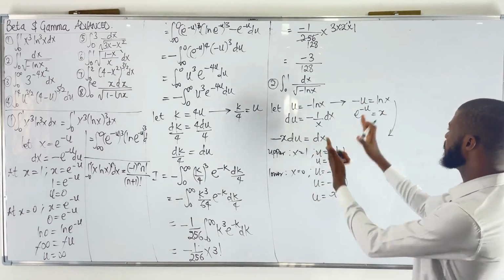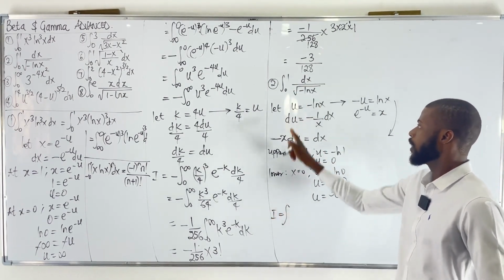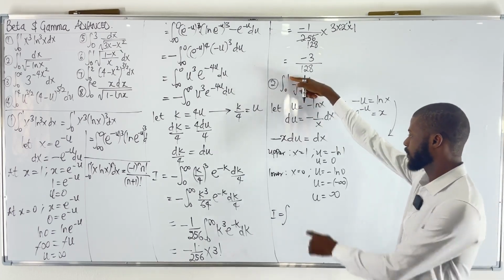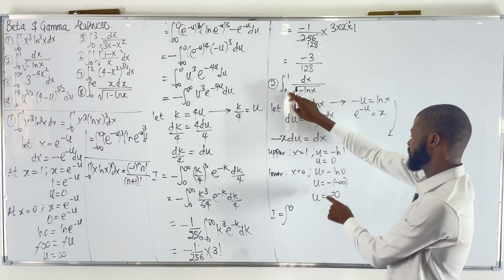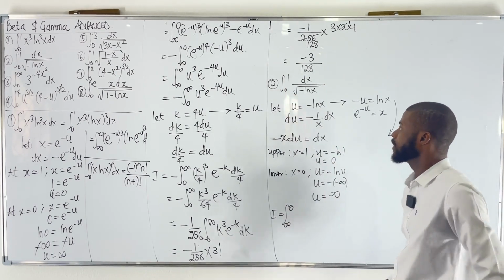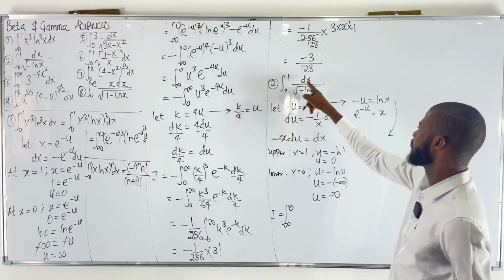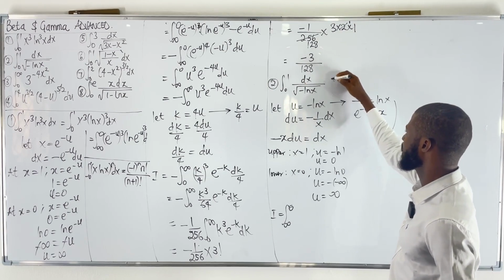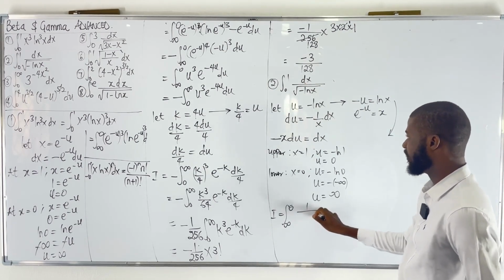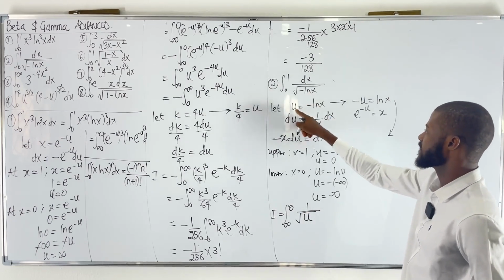Now let's put all of these into our integral. When x was 1, we had 0. Then when x was 0, we had infinity. This is dx, right? I'm going to write it beside this part. So this will be 1 over root u, because minus ln x is now just u.